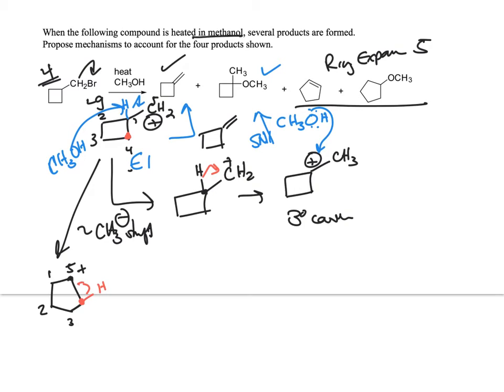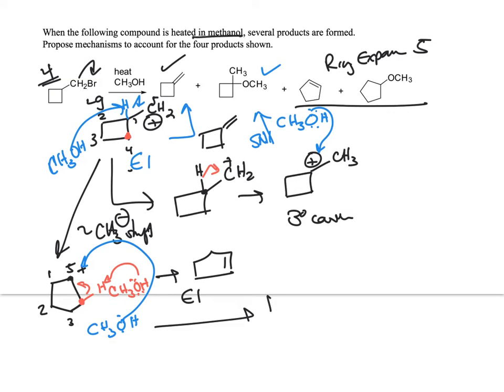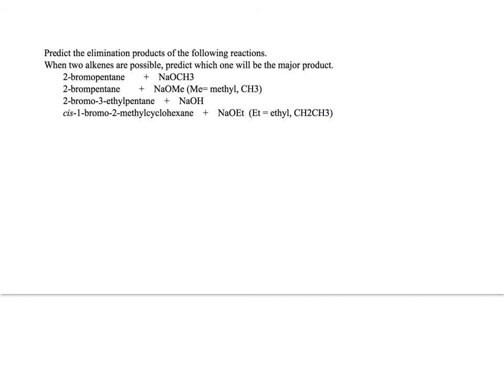This hydrogen here, methanol can come and deprotonate that, and you would get an E1, which is elimination, or you could get substitution, where the methanol actually comes in, attacks the carbocation. If that's the case, then you get this ether here. Okay, predict the elimination products for the following reactions.